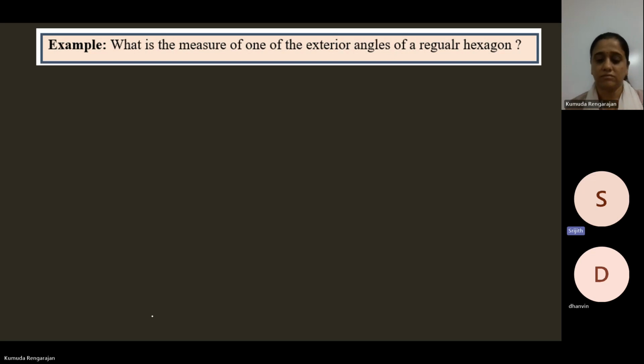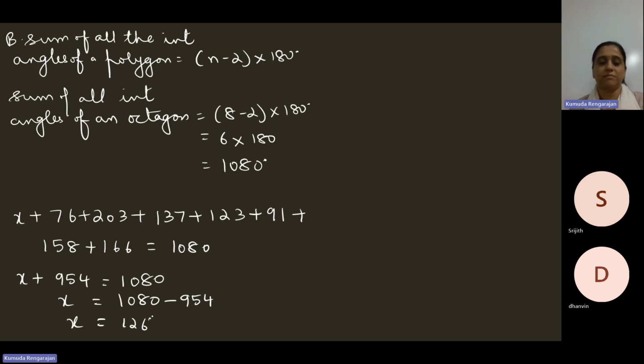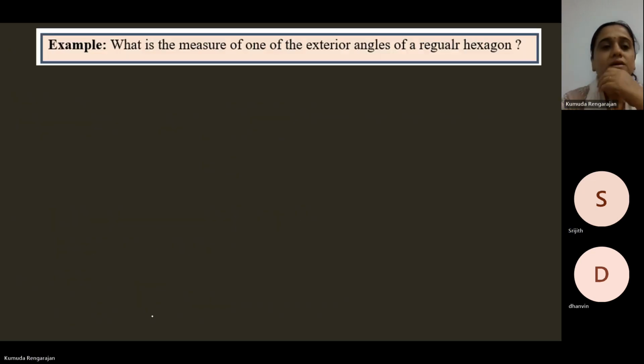Ma'am, can you show that for 1 minute, ma'am? Finished, ma'am. Okay, good. This is the next question. What is the measure of one of the exterior angles of a regular hexagon?